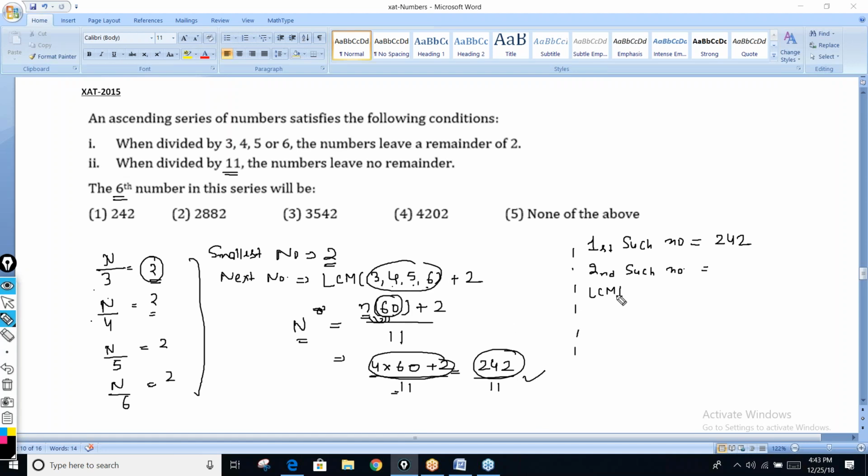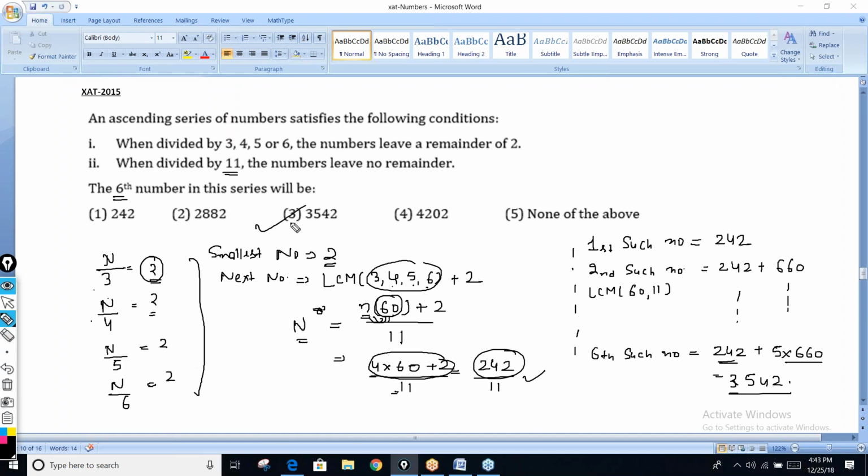So take the LCM of 60 and 11, which is 660. So add 660 to these numbers to get your desired number. So if you want the sixth such number, I'll add 660 five times to 242. That is my sixth number. So 3542 will be my sixth such number.